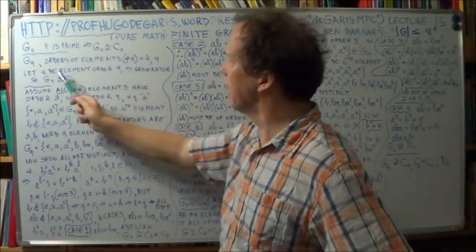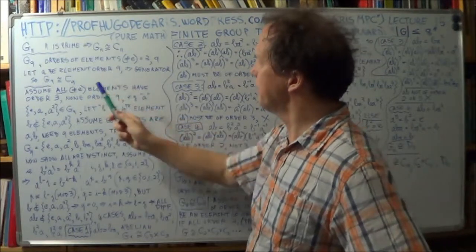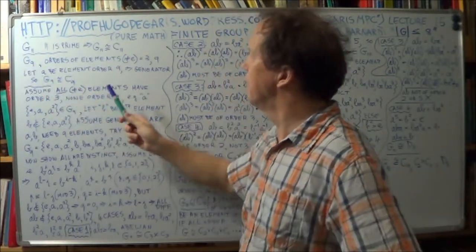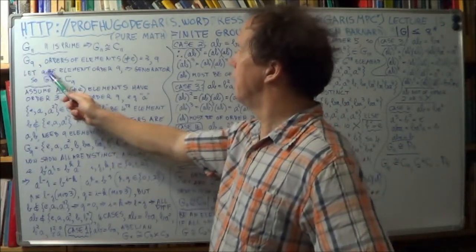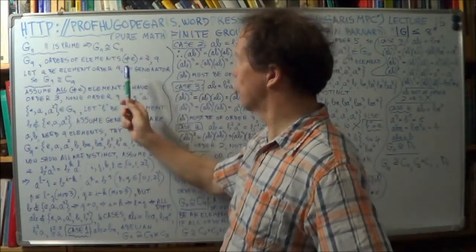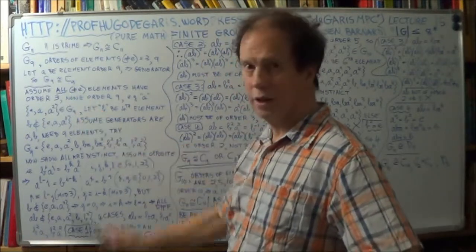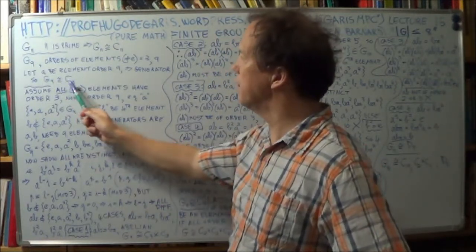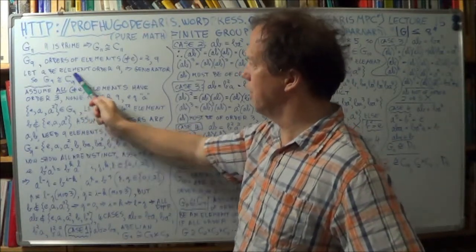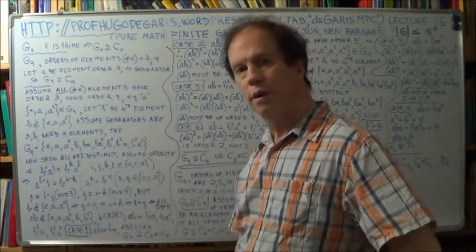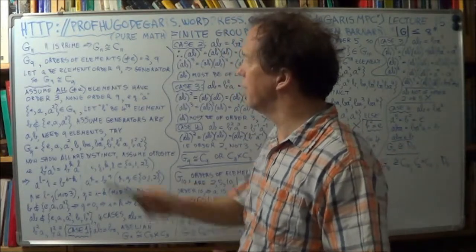If that's the case, given the order of the group is 9, that makes this element a generator, and hence the group must be cyclic. So here we have one type of group of order 9: cyclic.